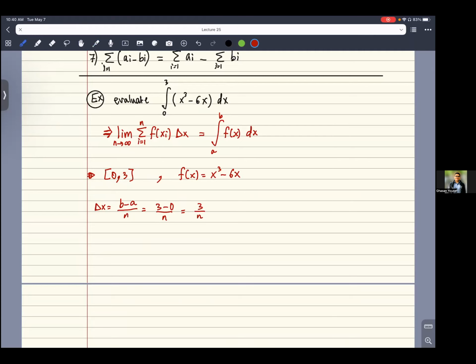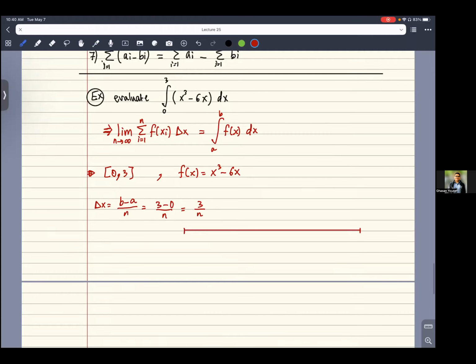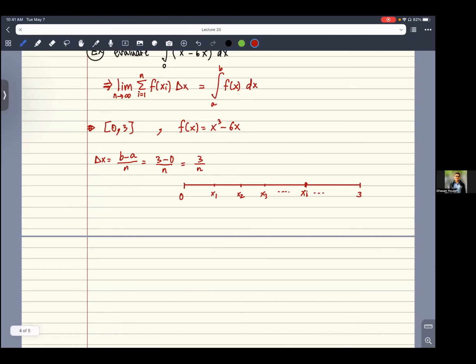Okay, so I'm going to graph a line again, because when you find delta x, graph a line right away. 0, 3. Here's the first point x1. This is the second point x2, x3, dot dot dot. Here's the point xi. So what is the value of x1?